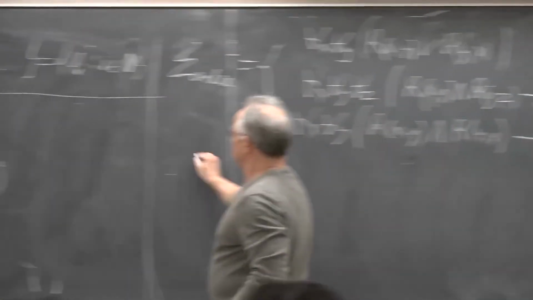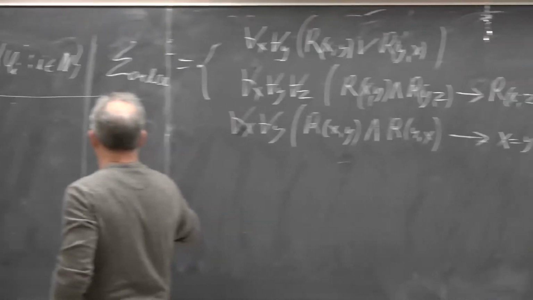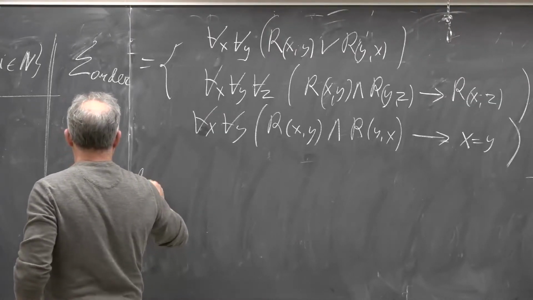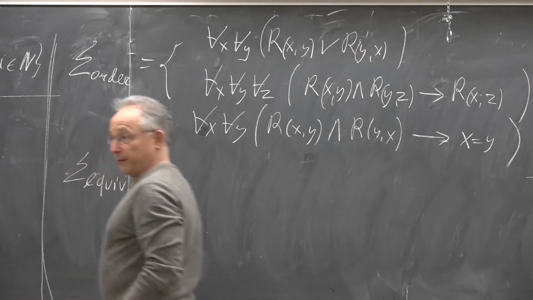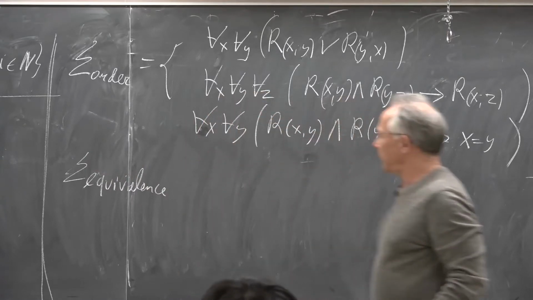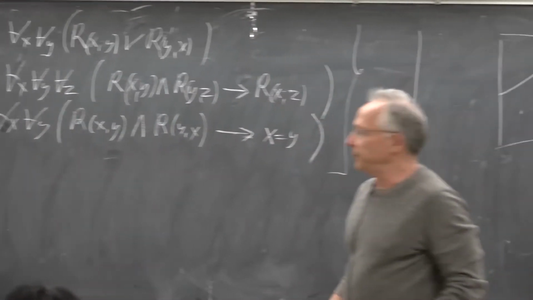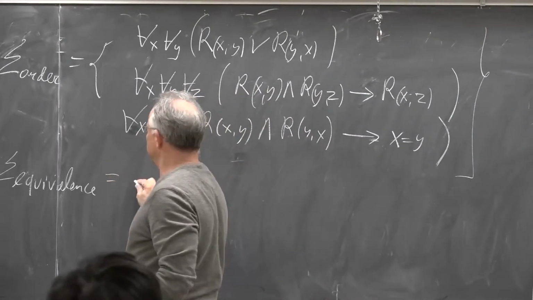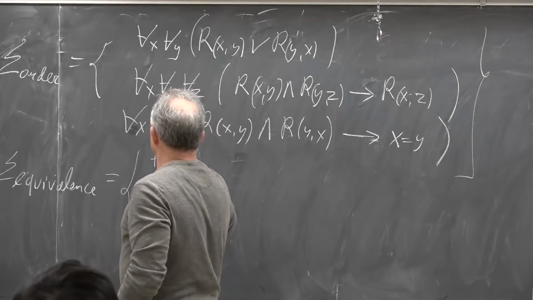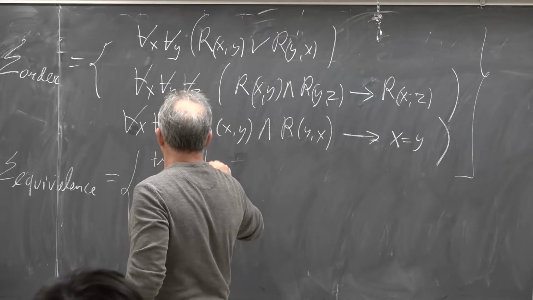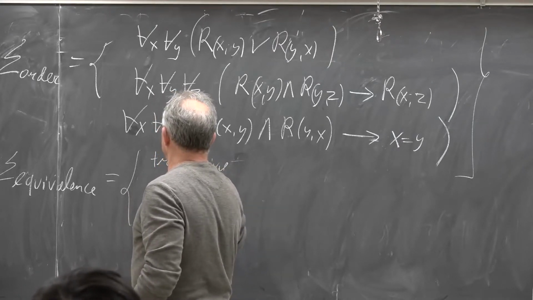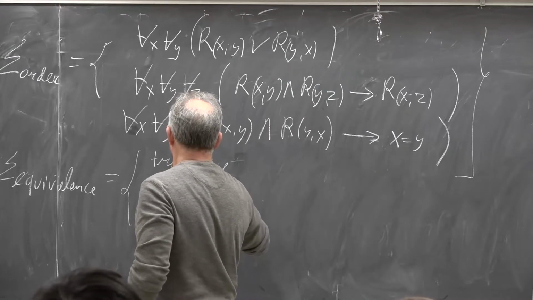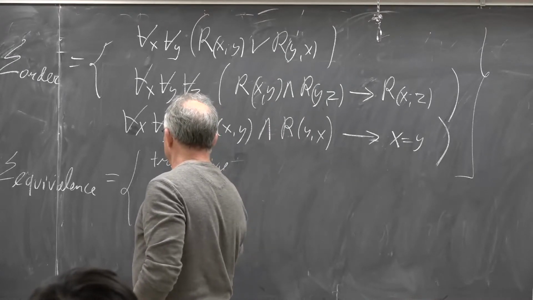So what will be the sigma for equivalence relation? We'll say R is an equivalence relation. So we'll have here axioms that say equivalence relations are transitive, symmetric, and reflexive.